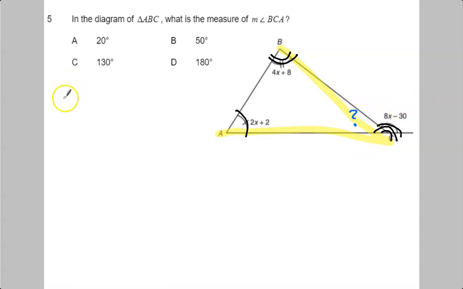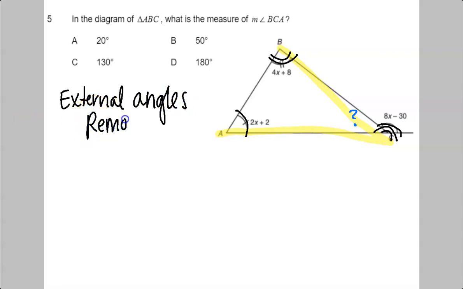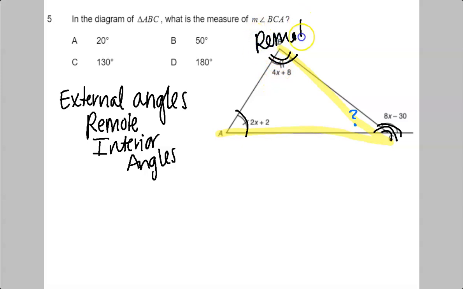So if you remember us talking about the external angles, this involves your remote interior angles. So remember that A and B would be considered remote. This one's remote and this one's remote.